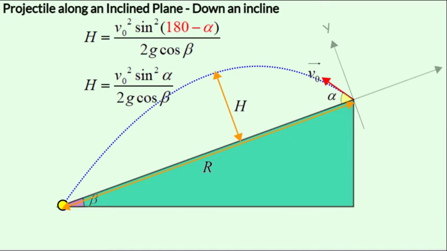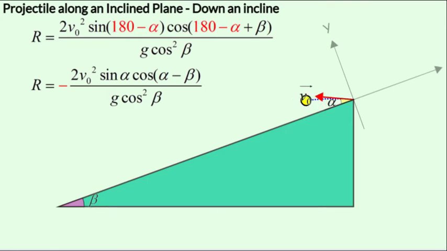Now the time of flight is identical when the launch is up the incline or down the incline. The maximum height also remains unchanged whether the launch is up the incline or down the incline. Now what about the range? In the range formula, we again substitute 180 minus alpha for alpha, and we make this substitution within the sine part of it and within the cosine part.